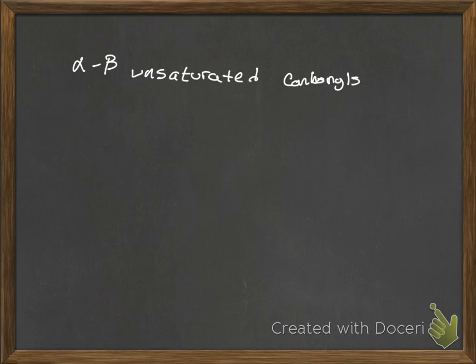So what we're going to talk about today is a little bit more on those alpha, beta unsaturated carbonyls. They looked something like this.